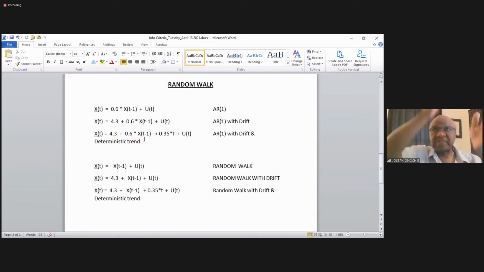It's fluctuating, but around zero mean. Yes, you've done that for homework. But if the mean is 4.3, instead of fluctuating around zero, it will be fluctuating around 4.3.